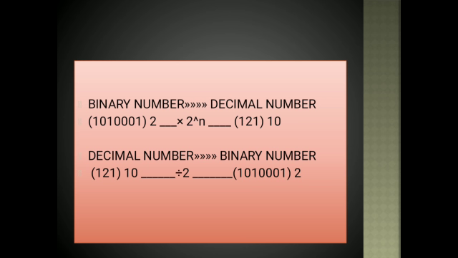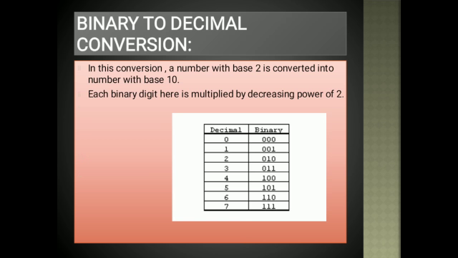If we reverse this, if we divide 121 base 10 by 2, we get the binary number 1010001 base 2. So no confusion. For binary to decimal conversion, we must multiply by the base 2. Each binary digit is multiplied by a decreasing power of 2.